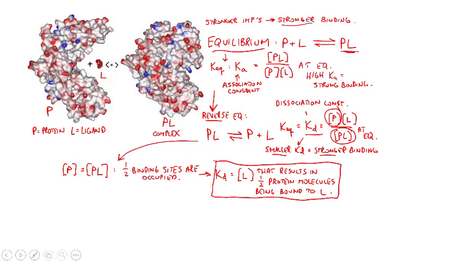That's how you should think of Kd. Notice that if this is a very small number, what is that implying? That even at very low concentrations of ligand, you already have half of your protein bound.